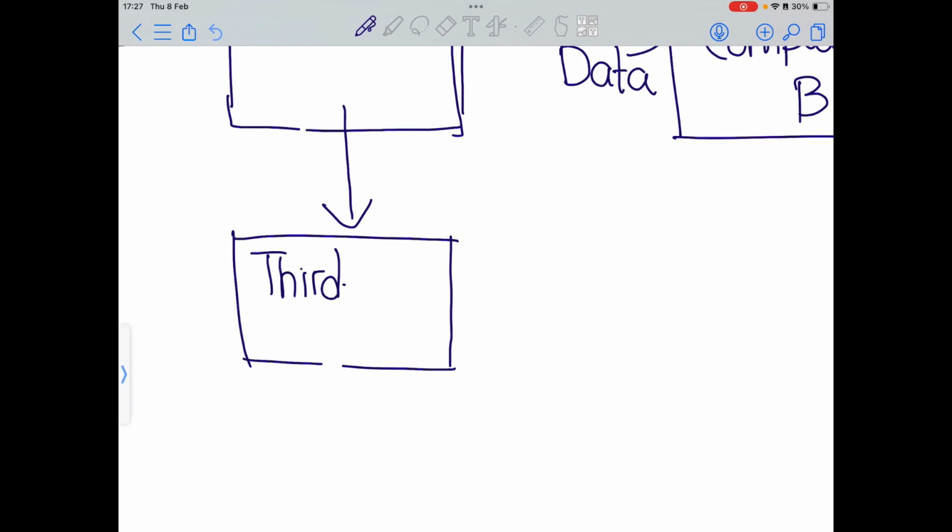What the third party is doing here is analyzing the data for anything useful.